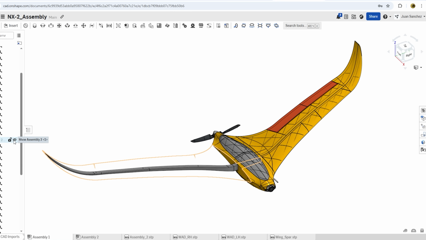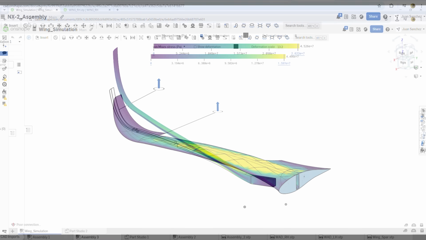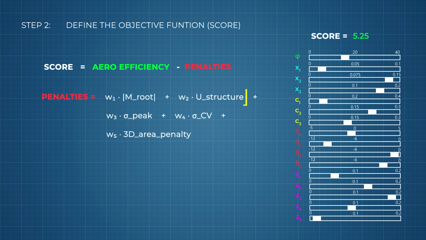A common approach is to treat the wing like a single beam that captures the overall stiffness in bending and torsion. And that's exactly what I'm doing here. These structural terms estimate how big the bending moment at the root is and how much the wing will deflect and twist under the lift distribution from the aerodynamics model. And from that, we can also estimate peak stress, which is what matters for failure risk.